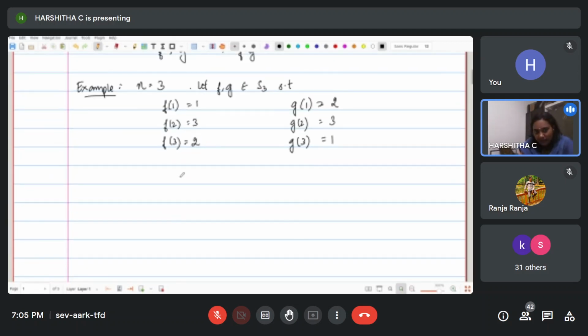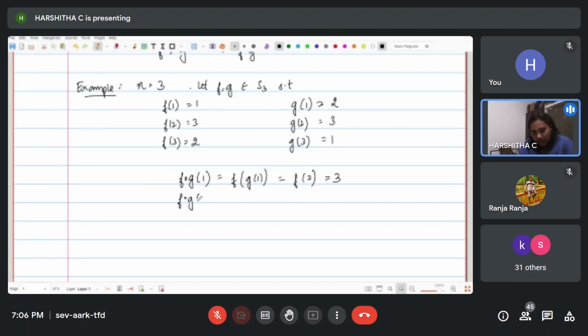So what is f composite g? Let's look at it at 1. What does this mean? f of g of 1. What is g of 1? It is 2. So this is basically f of 2. And what is f of 2? It is 3.